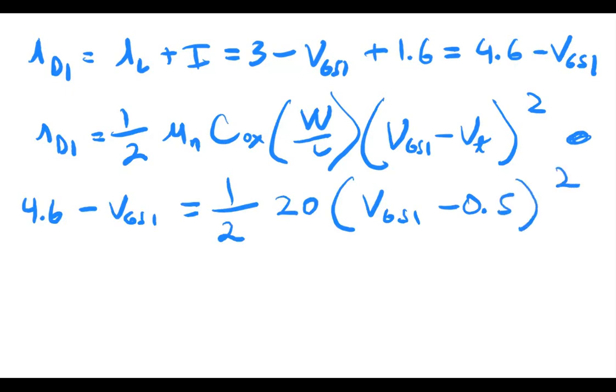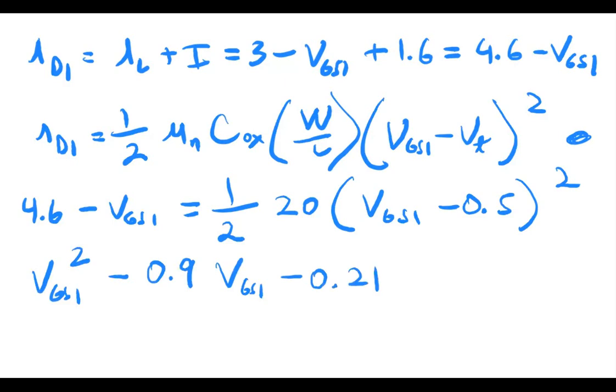Again, I can get a quadratic out of that for VGS1. So I'm going to have VGS1 square minus 0.9 VGS1 minus 0.21 equals 0. If I solve that quadratic, I get that VGS1 is 1.09 volts.